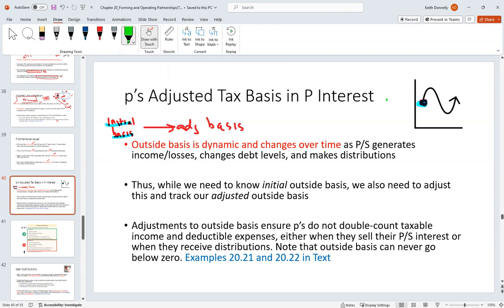But remember, we said as the partnership makes income, your basis goes up. As the partnership loses, profits and losses, right? They lose, your basis goes down. Oh, hey, there's a contribution, it goes up. So it changes over time. It's not fixed, one thing forever and always with the partnership.